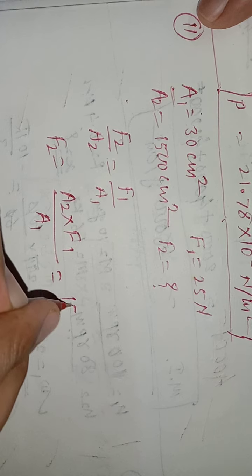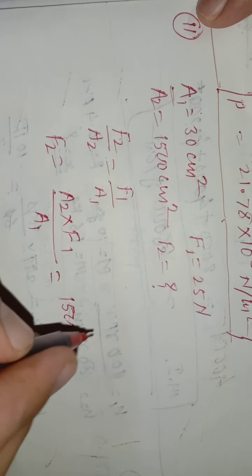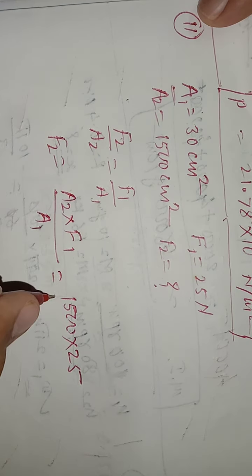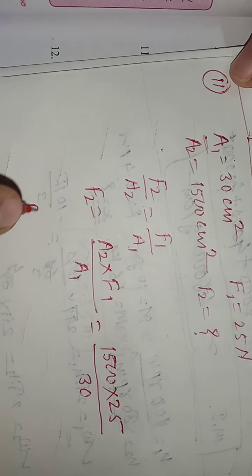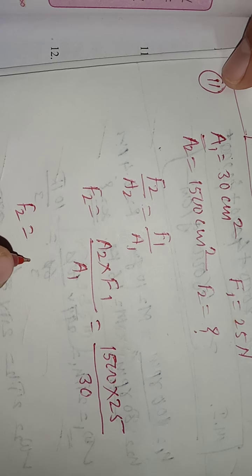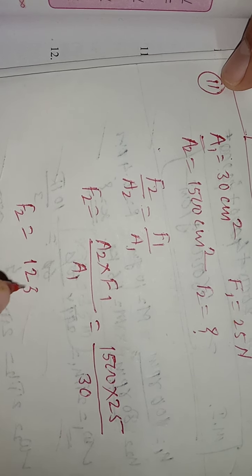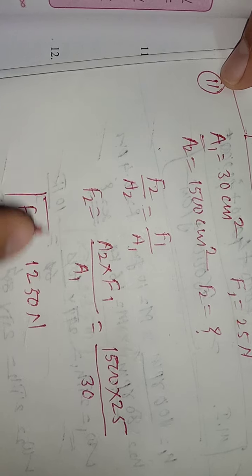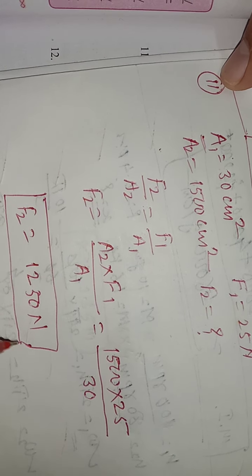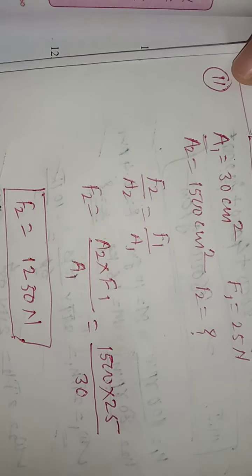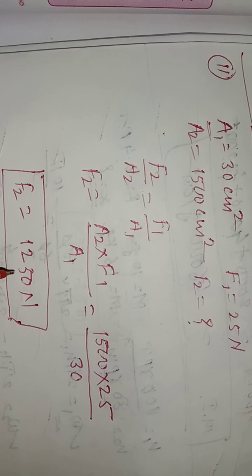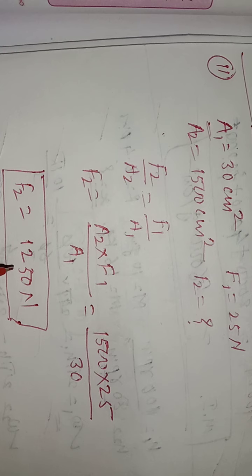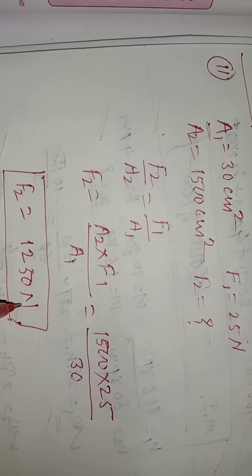A2 is equal to 1500, into F1 is equal to 25, divided by A1 is equal to 30. So we get F2 is equal to 1250 Newton. That is, the weight on the output piston is 1250 Newton.